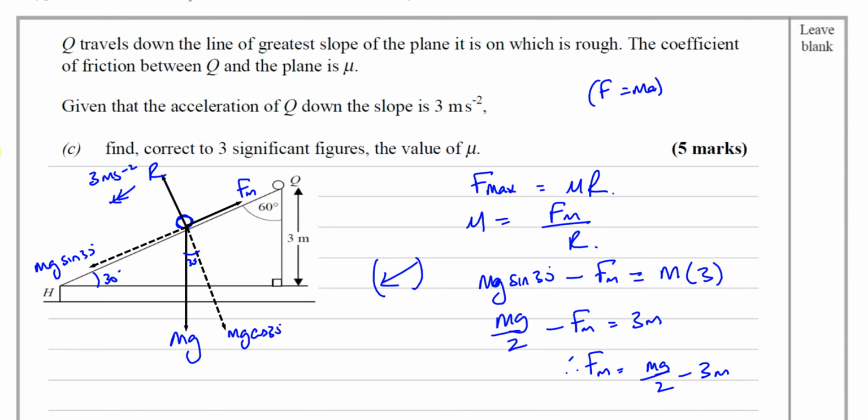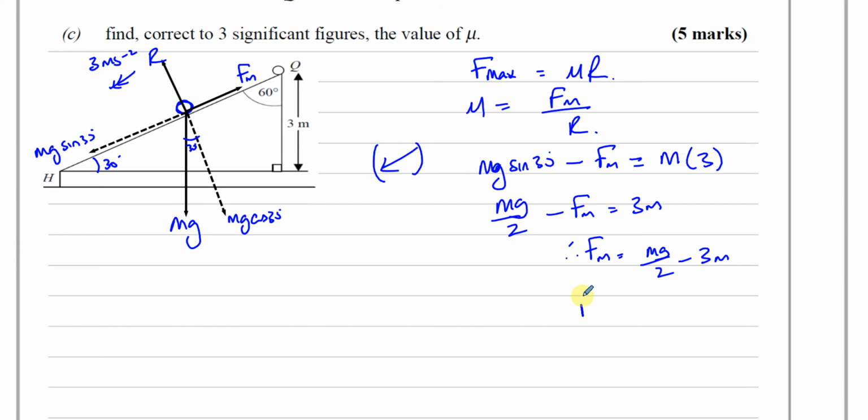That's F max. If I simplify that a little bit, if I make that into one fraction, that's going to be mg minus 6m over 2. Okay, that's F max. All right, and to find what R is, we can resolve perpendicular to the plane, in which case we'll have R is equal to mg cosine 30.